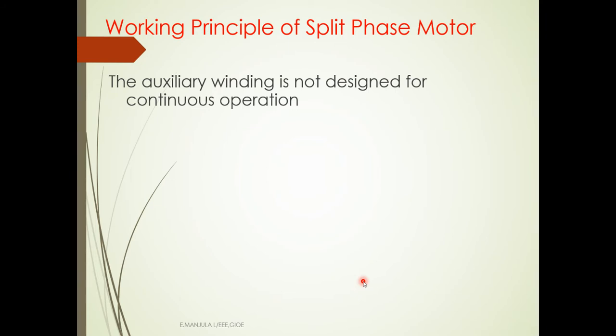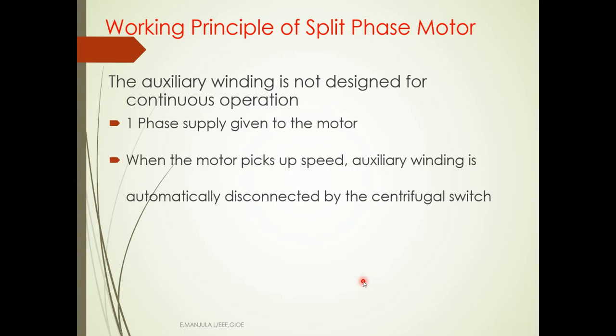So we will see the working principle of a split phase induction motor. The auxiliary winding is not designed for continuous operation. Single phase supply is given to the motor, and when the rotor picks up speed, the auxiliary winding is automatically disconnected by the centrifugal switch.